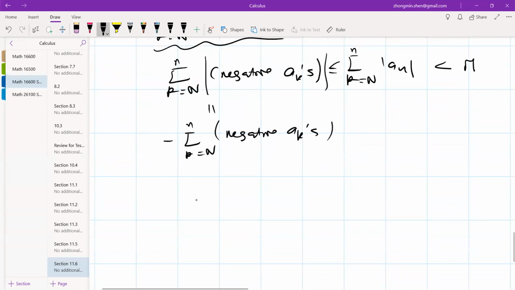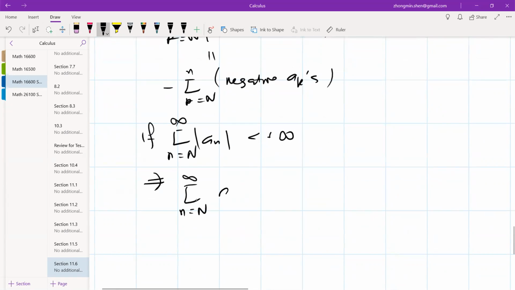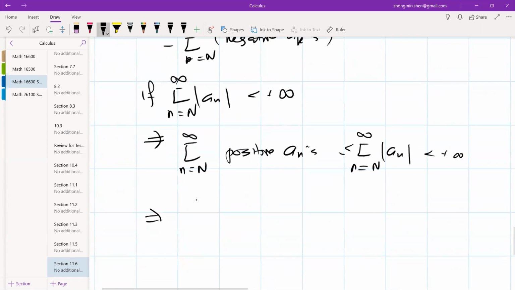So this implies that if this is convergent, then the positive part is convergent. It also implies that if I take a negative sign out, all the terms become positive, so this is also convergent.